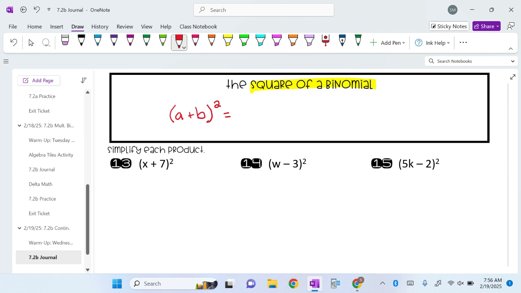It'd be equal to a squared plus 2 times ab, or the product of a and b multiplied by 2, plus b squared. And on the opposite end, if you have a minus b all squared, the formula is a squared minus 2ab plus b squared.